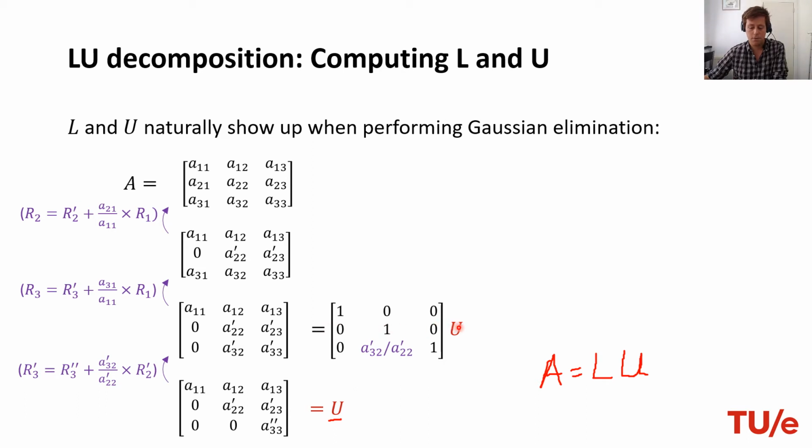But the third row of the product of these two matrices will have 0 times the first row of U plus this coefficient times the second row of U plus the third row of U. And you can see that this is exactly the reverse operation that we wanted to do over here. So this matrix corresponds to this elementary row operation.